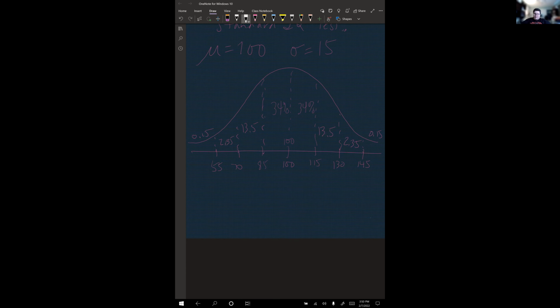Actually, I'll wait a second if you're writing that down. So say something like this. What percentage of people have an IQ between 85 and 130?